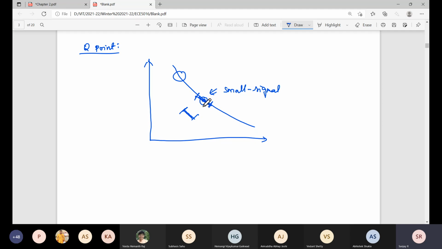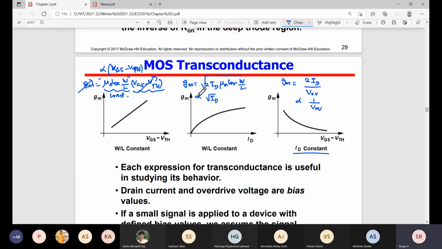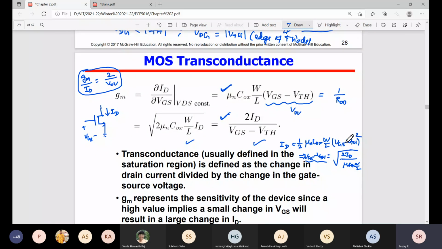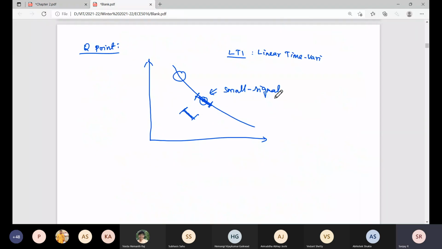So at this point we can model our transistor as an LTI model. What is LTI? Linear time invariant, that you studied in signals and systems. The transistor is actually non-linear, because you can see the equation for ID is non-linear, but I want to operate in a linear region.